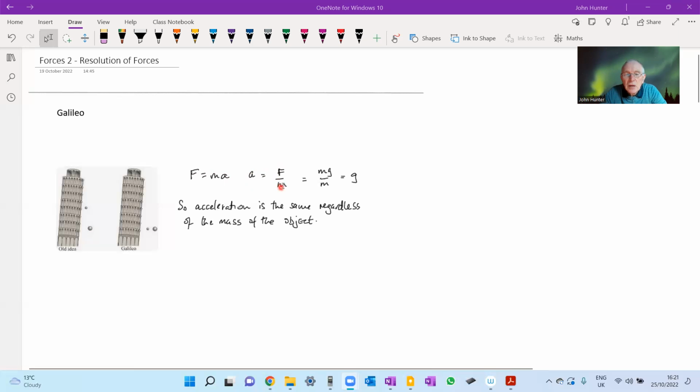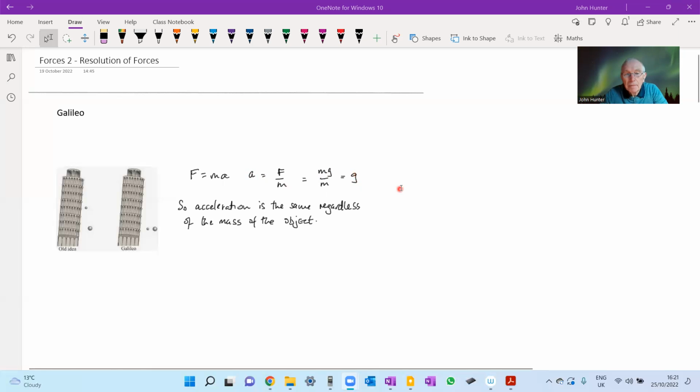We said in the previous video that the force on a body in the Earth's gravitational pull is equal to its mass times g, its acceleration due to gravity. So F over m becomes mg over m, the m's cancel, and that's equal to g. So acceleration is g, regardless of the actual mass of the object.